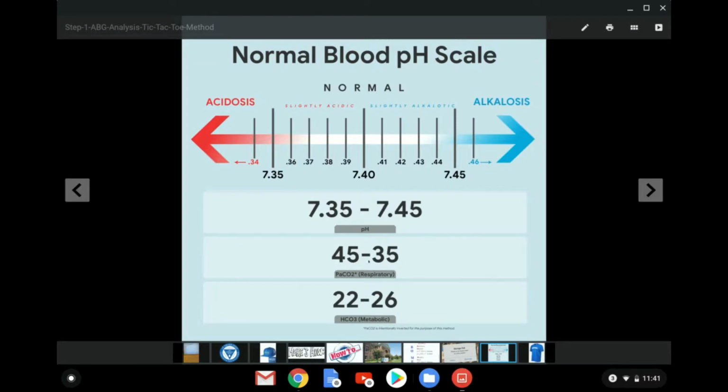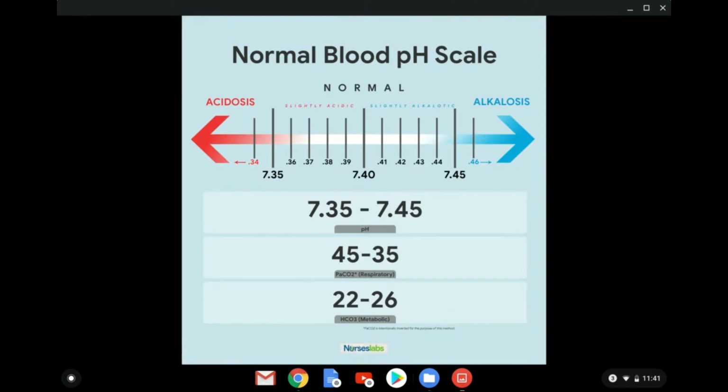And the last value is the concentration of the bicarbonate ion, which should be between 22 and 26 milliequivalents per liter.